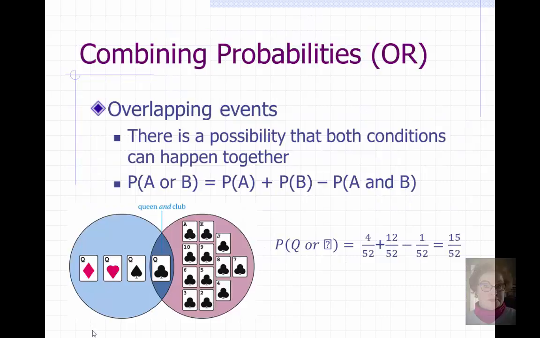So for instance, the probability that I get a queen or I get a club is going to be the probability that I get a queen, which is 4/52, or the probability that I get a club. I did this wrong. There are 13 clubs in a deck of cards.